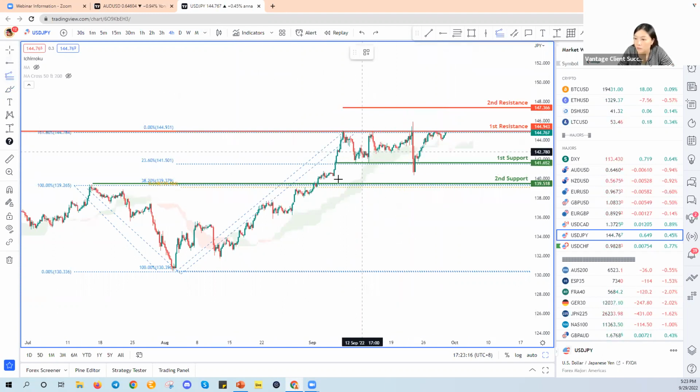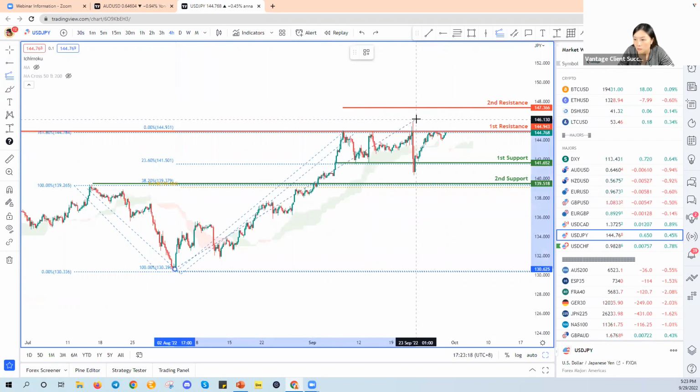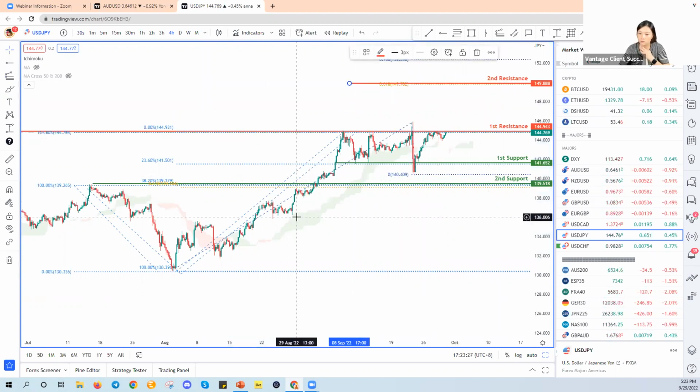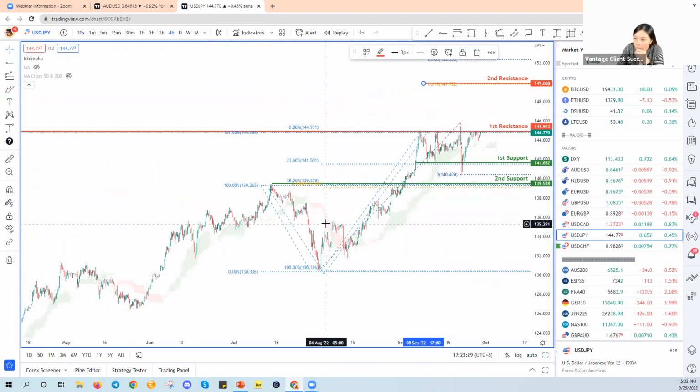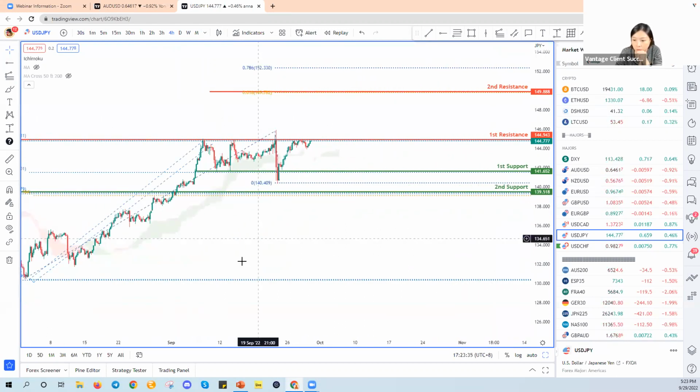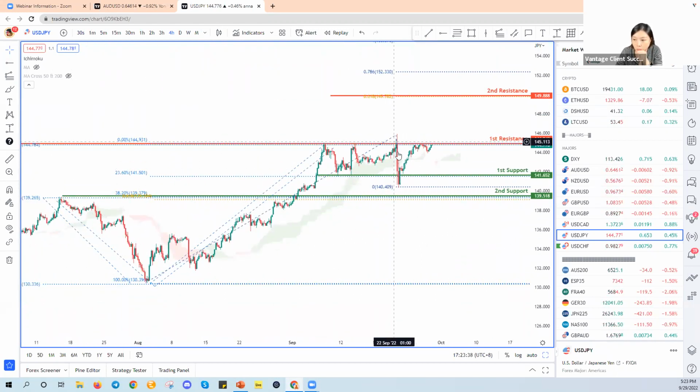I think given the circumstance now, we can even move it higher, okay? So the reason why I put my second resistance here is because of my projection. 1, 2, 3.